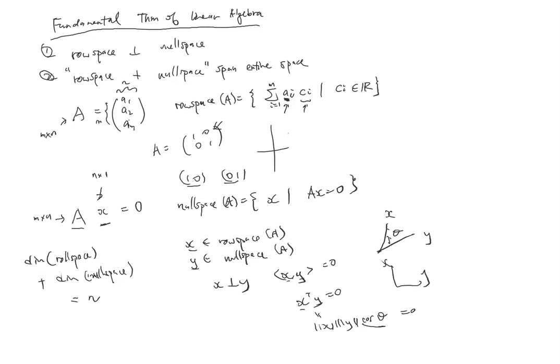Each of the vectors in the row space and null space is an n-dimensional vector, and these two spaces are perpendicular to one another, but when they are added together, they span the entire space.